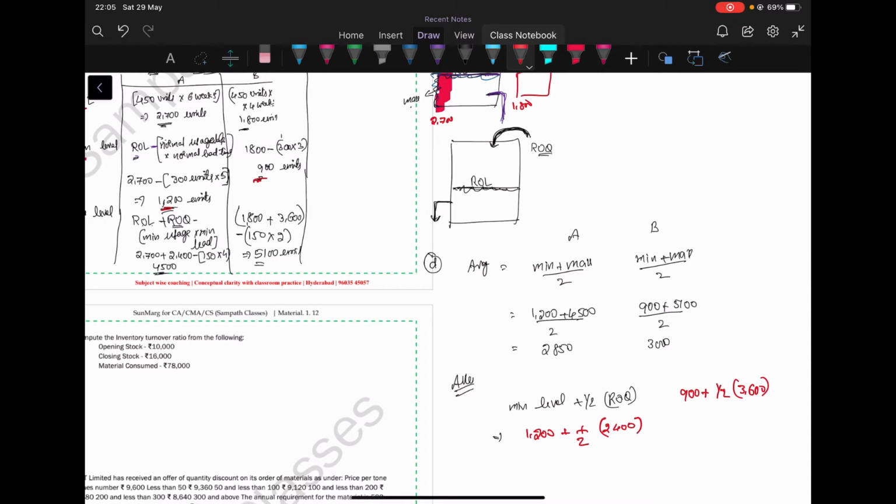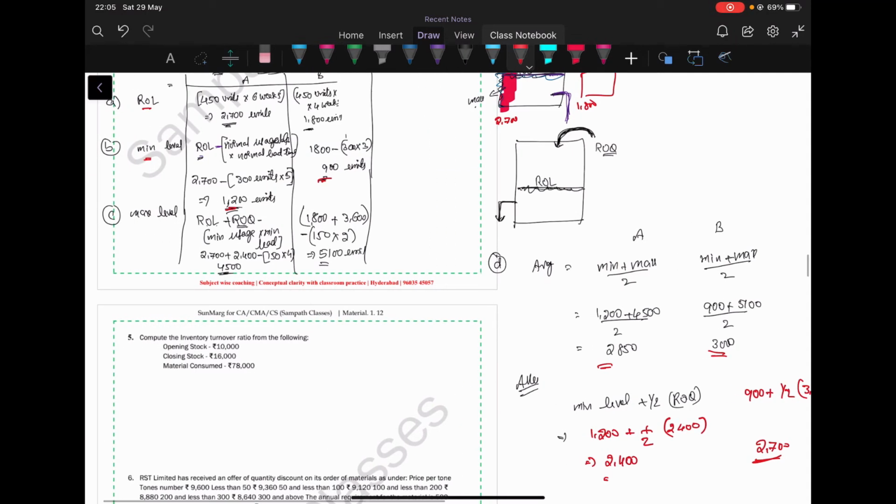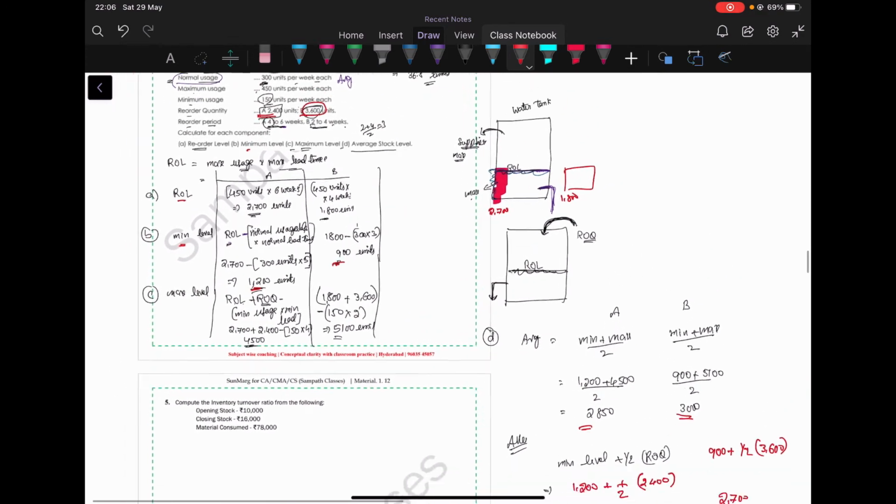So 1200 plus 2400 divided by 2 is 1200 plus 1200, that is nothing but 2400. 900 plus 3600 divided by 2 is 900 plus 1800, that is 2700. You can use either of the formulas. There will not be any issue with this, right?